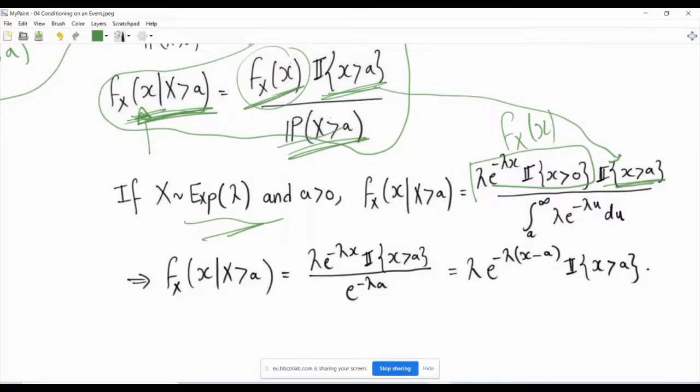And then in the denominator, you need to compute this probability, the probability that big X is greater than a. How do you get it? Just integrate the exponential distribution with parameter lambda from a to infinity, so that you get the probability that big X is greater than a.